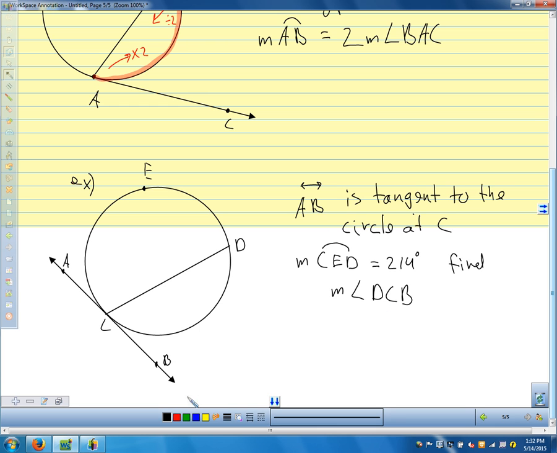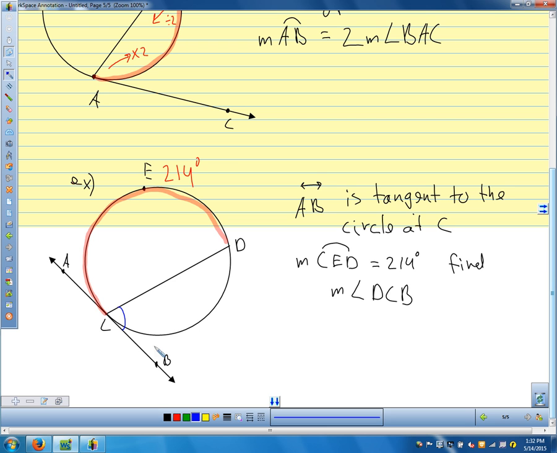So what this is telling us is that this arc CED is 214 degrees, and we want to find the measure of this angle. Couple of ways that I thought of to do this. Anybody have any ideas? Yeah?